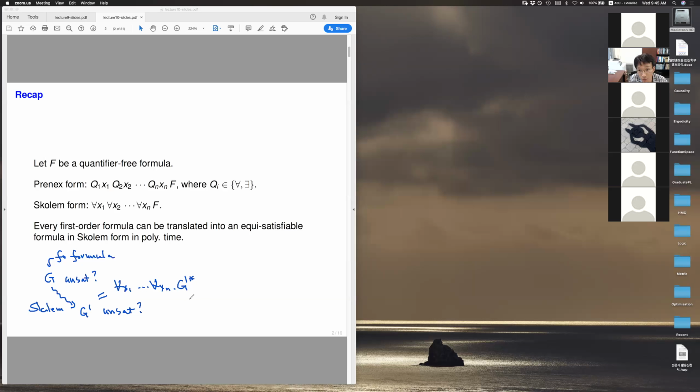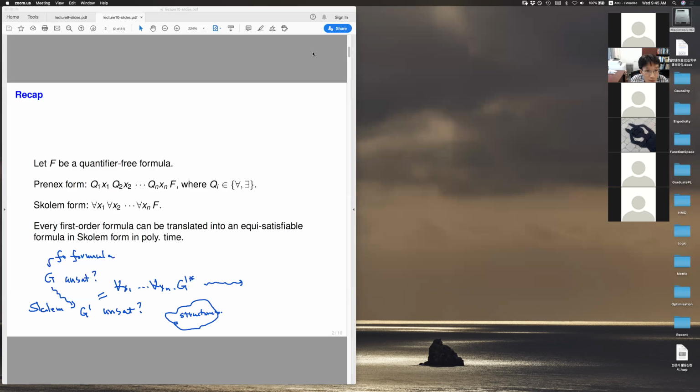There are really many structures that you have to check. We have to check all the structures and see that this formula is not satisfied by any of them.